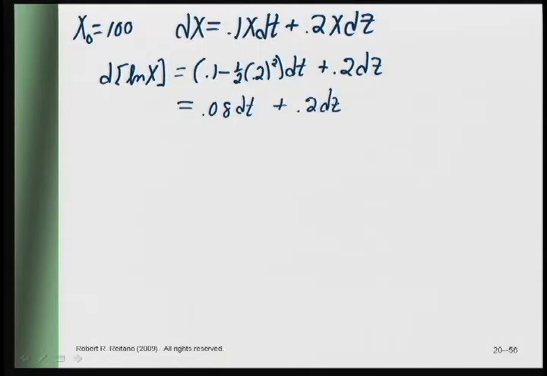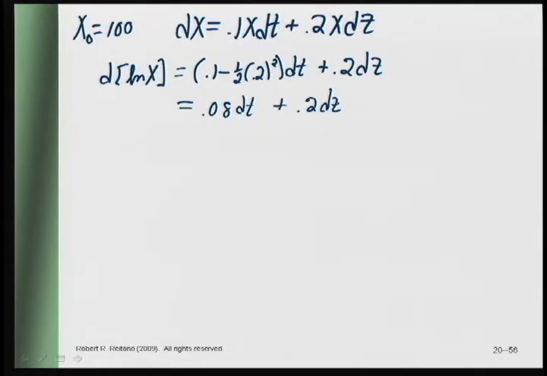So this is saying that if x as a stock price has a continuous return which on average is 10% with a 20% standard deviation, then in fact the log of x will have a mean drift of 8%, and again it'll have a 20% absolute standard deviation.